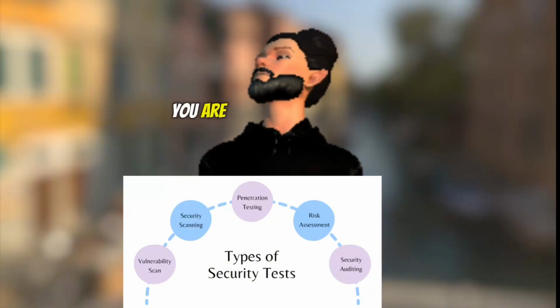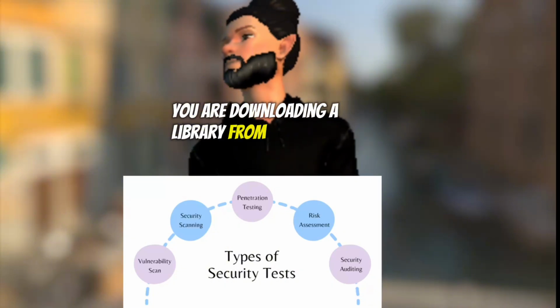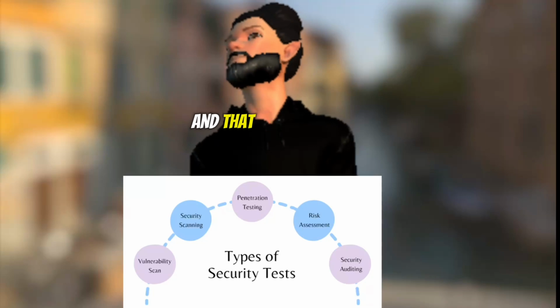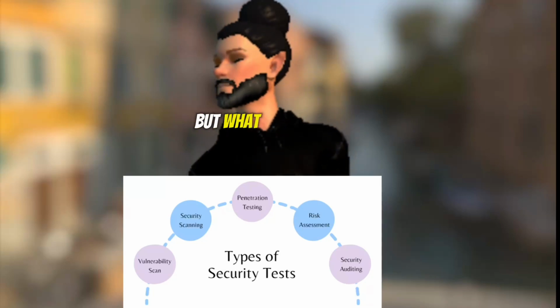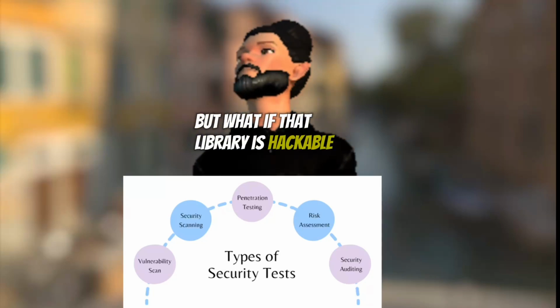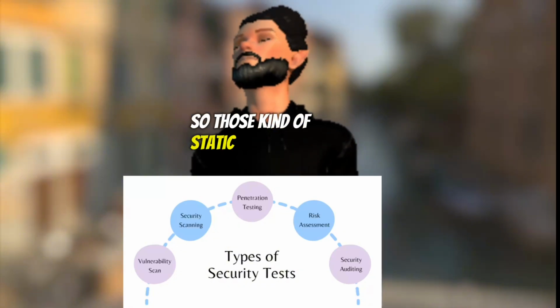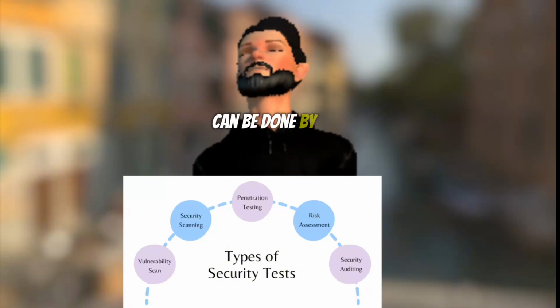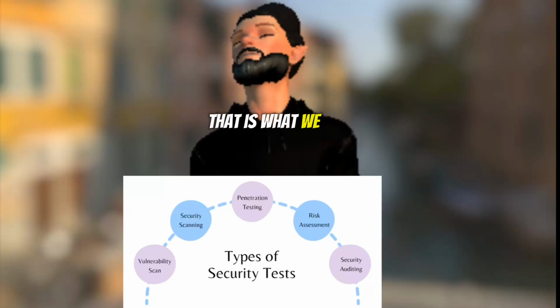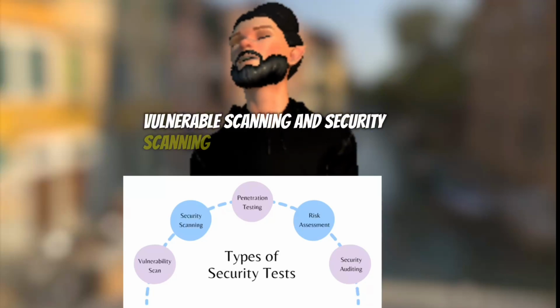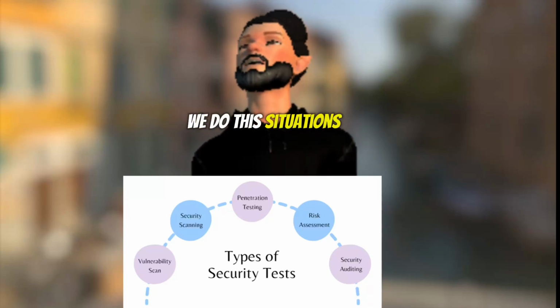You download a library from some online source, and that library does the process for you. But what if that library is hackable? What if that library is not storing data properly? Those kinds of static code analysis can be done by a lot of tools. That is what we do with vulnerability scanning and security scanning.